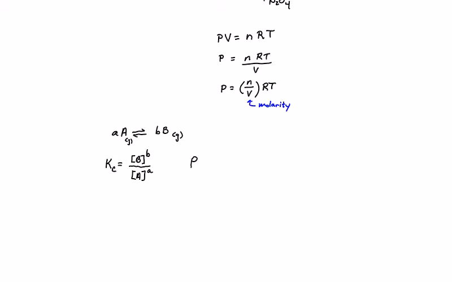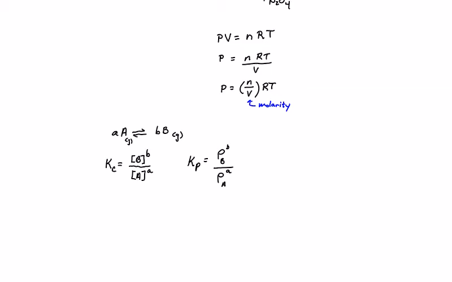And we know that Kp is going to be equal to the partial pressure of B raised to the power of b, divided by the partial pressure of A raised to the power of a.